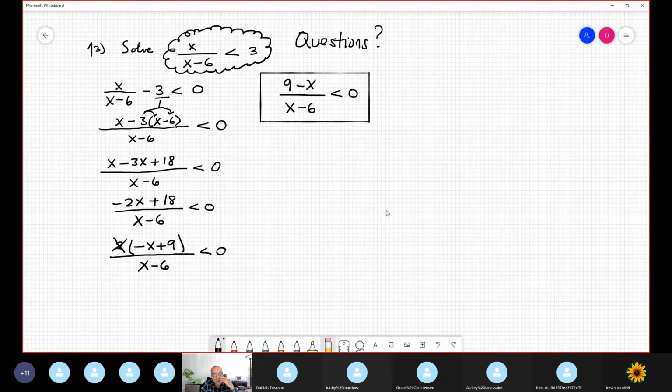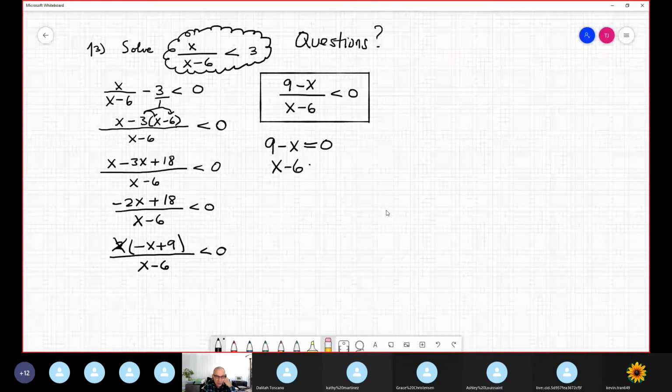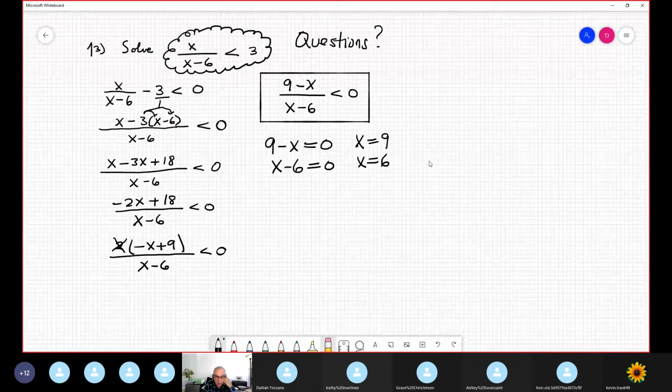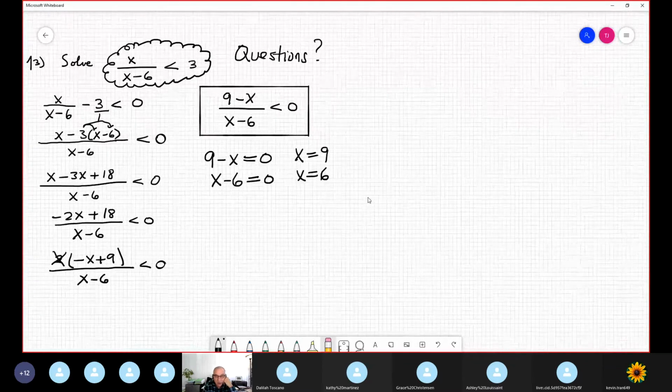After that, critical value. Critical value is the zero of the top and the zero of the bottom. It's obvious that the critical values are 9 and 6. We use these critical values to make a partition of the whole real number line.